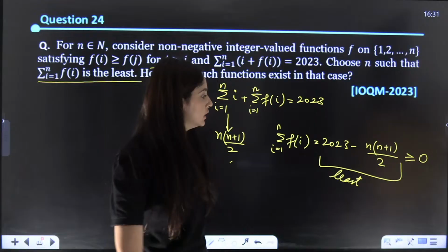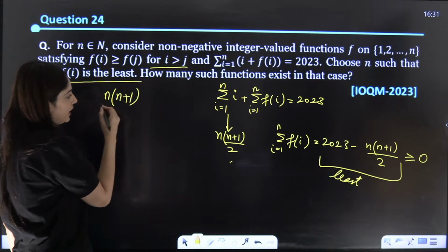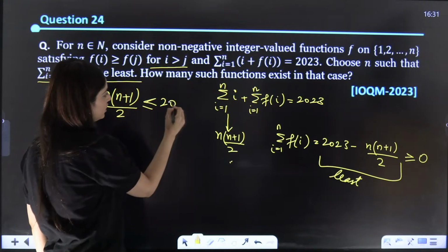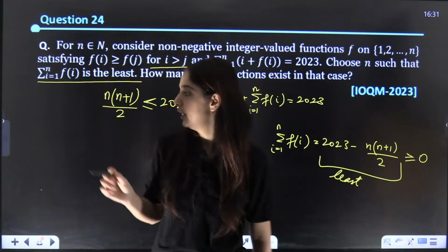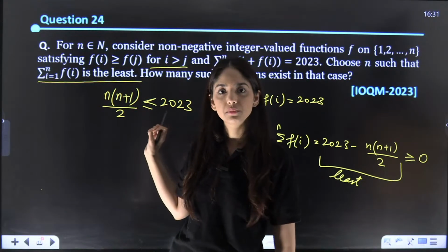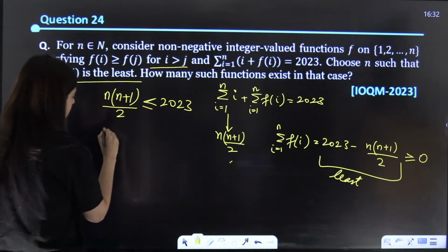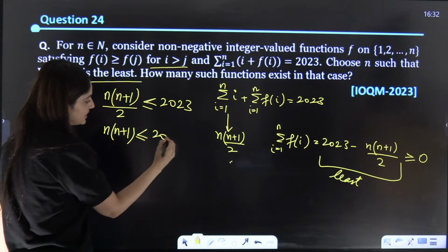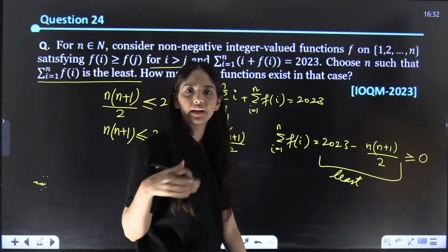Right? So now we just find the maximum n such that this is less than or equal to 2023. And we have done this question before, right? When we are trying to find the maximum n, you just check which is the highest n for which this will satisfy, because this is an increasing function. So you will keep getting a higher and higher answer.